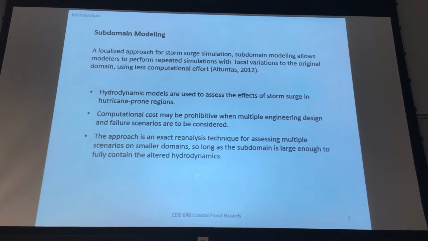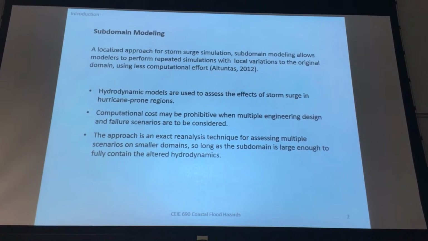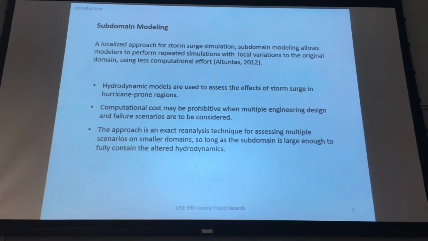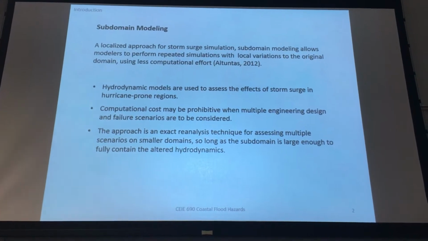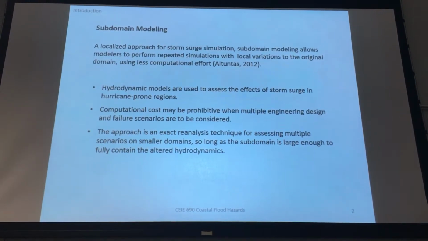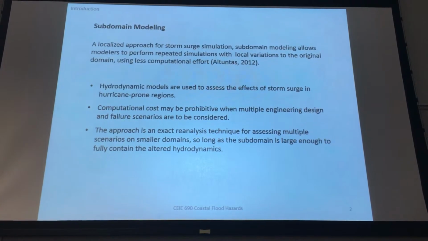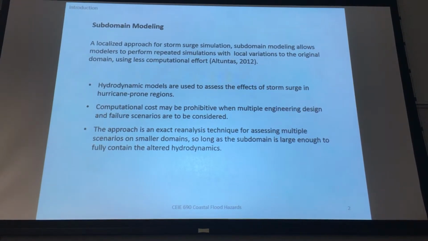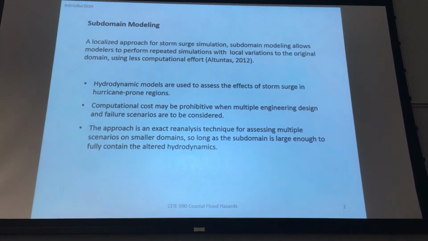So this is essentially what Celso just described. It's essentially a tool for design, really, and research, but it was developed for designing things like levees, engineering solutions, without having to incur the computational cost to rerun a whole mesh.